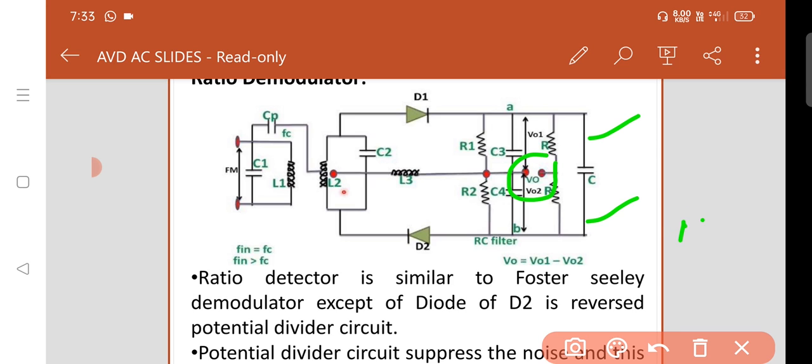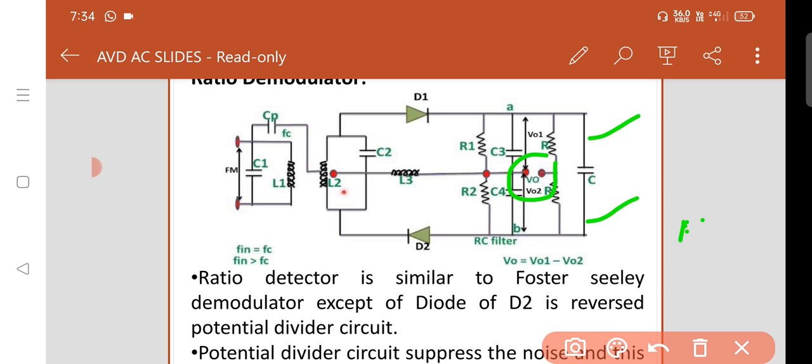Okay, so finally the V01 and V02 voltages have the same magnitudes, as in the Foster-Seeley, but in this one diode is reverse biased, therefore across the resistor VR, the voltage is the sum of V01 and V02.